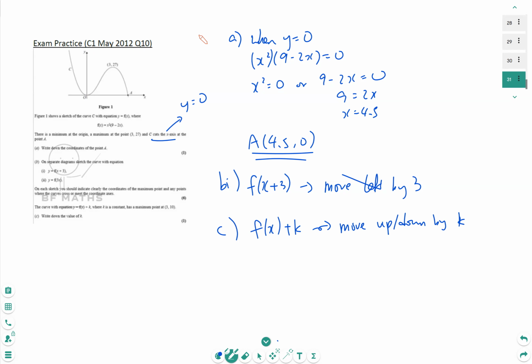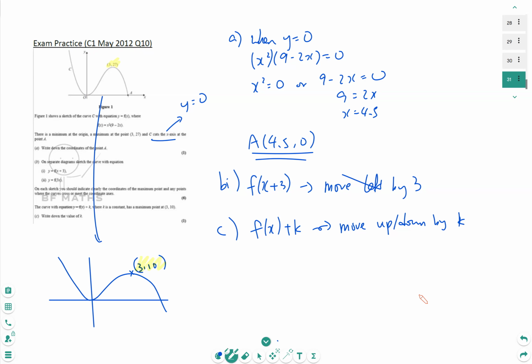If k is negative, we move down. But what we do know is that it now has a maximum point of 310. That means the point 327 suddenly becomes 310.